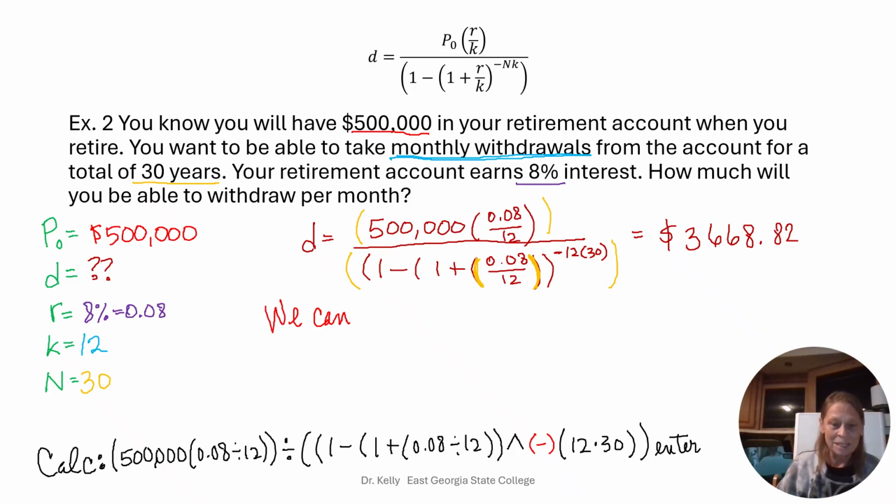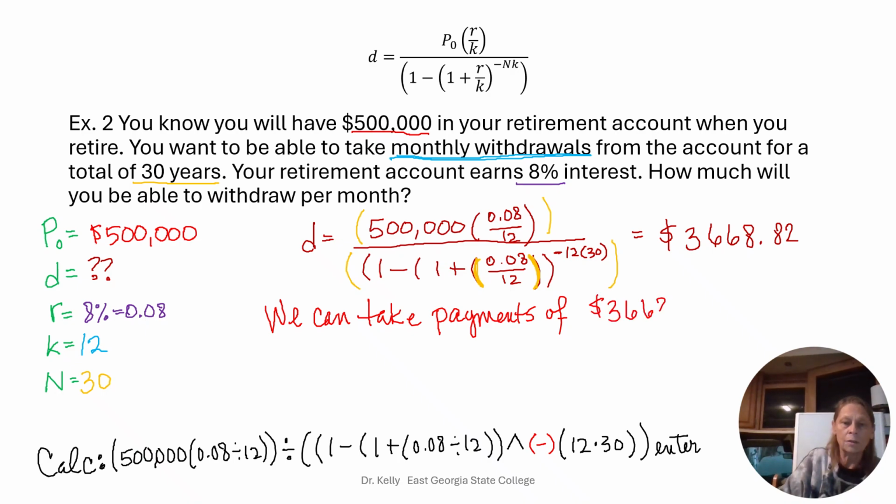All right, let's keep on going. So we can take payments of $3,668.82 a month.